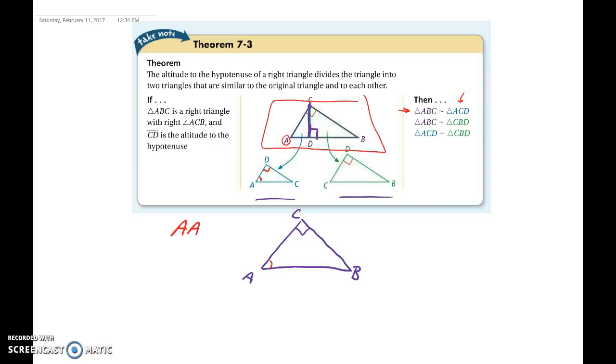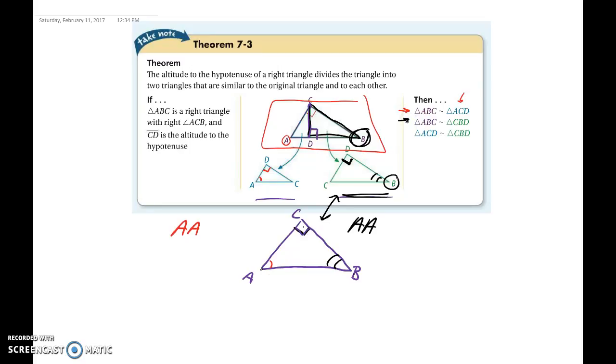It's very close to our other triangle as well. When we draw this line down again, now we have this third smaller triangle over here. When we look here, we have angle C and angle D, and they're both right angles. And then they both share that angle B, so this angle is congruent to this angle. So through angle-angle as well, we know that these two triangles are also similar. So we can say triangle ABC is similar to triangle CBD.